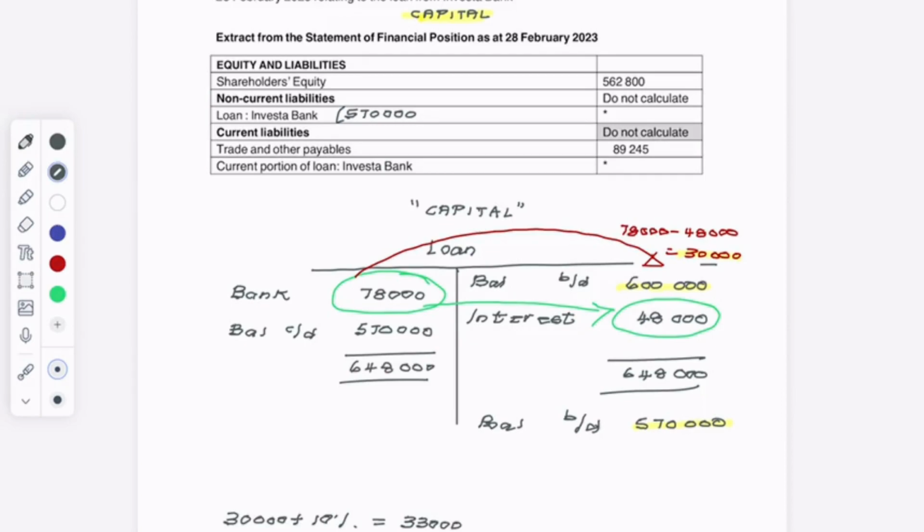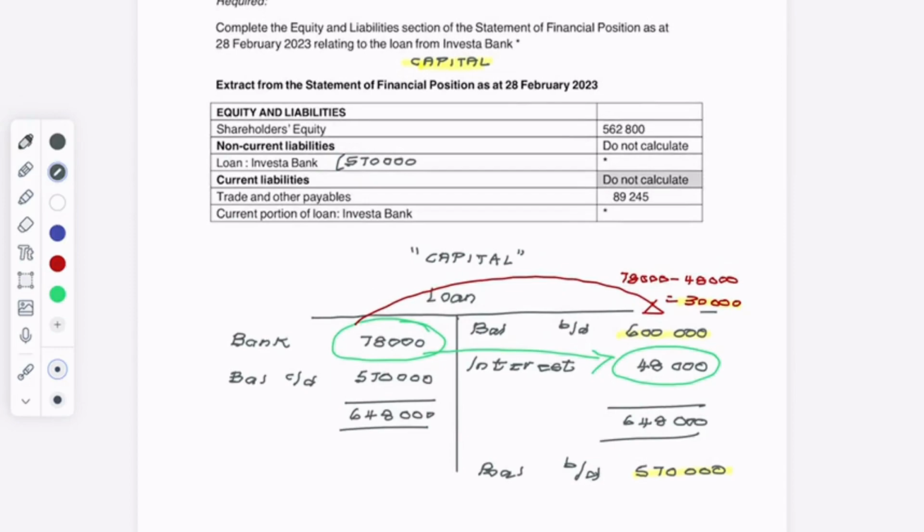This we're going to put into the current portion of the loan. Obviously, we must subtract it from the long-term portion. Therefore, the long-term portion of our loan is 537,000.